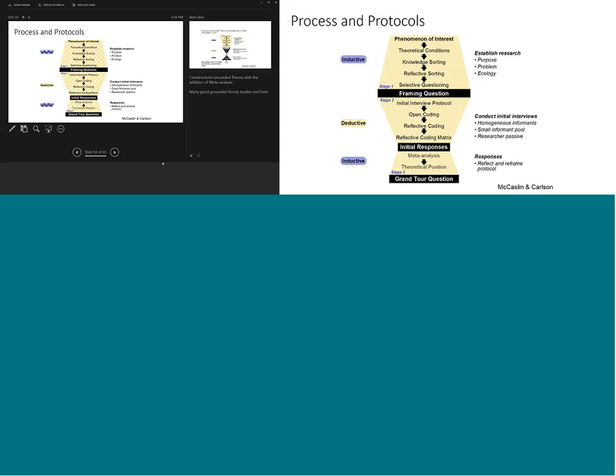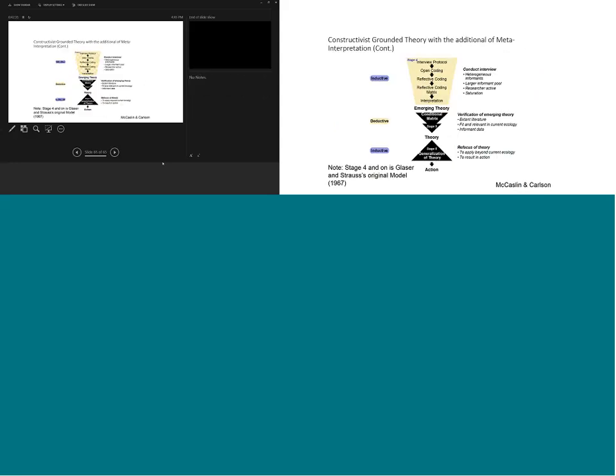Now, in Glaser's model, and it's also in the constructivist model, you have to take it even further. You have to now go and find a heterogeneous group of informants. So, maybe for Karen Wilson Scott's study, for example, she studied people who are 50 years old and older.